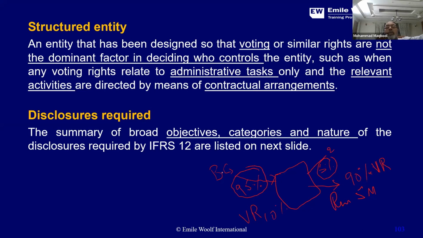Okay, so this is a structured entity. Now, the scientists will not consolidate it. BG will consolidate it because he has the control. This is an example of a structured entity where the people who are actually running the show are running under the contractual arrangement.